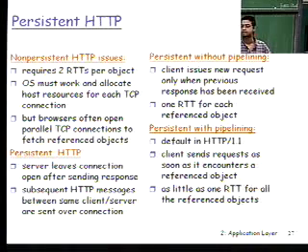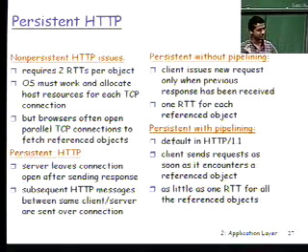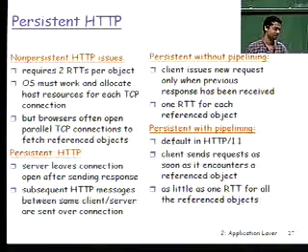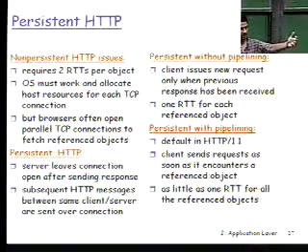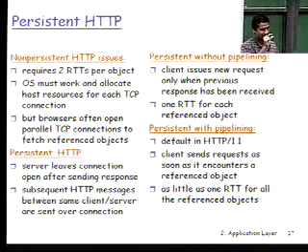Well, parallel downloads, and also in situations where your round trip time is large compared to the time it takes to transmit these objects. You see, if you do things without pipelining, then you have to wait at least 1 round trip time for each object. You send a request, you get the response back. That is 1 round trip time, assuming that the object is small enough to be transmitted completely in 1 round trip time.